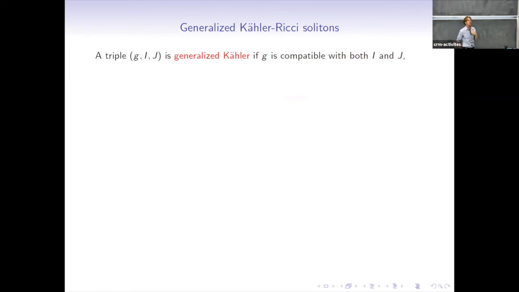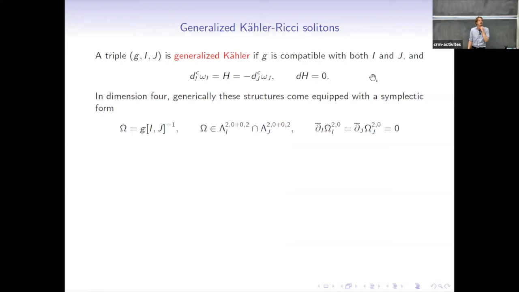A lot of this I can already explain nicely. So here I briefly recall the definition of generalized Kähler from the classical point of view. It's a bi-Hermitian triple (g, I, J), with this perhaps unusual-looking matching of the two torsions up to sign; they have to be closed. Then in dimension 4, generically, they come equipped with a symplectic form.